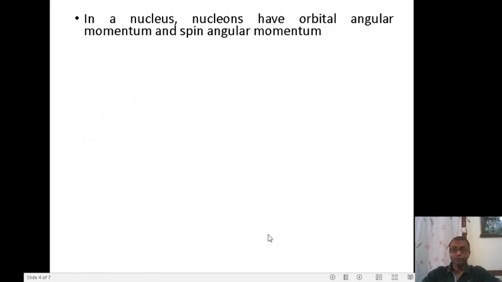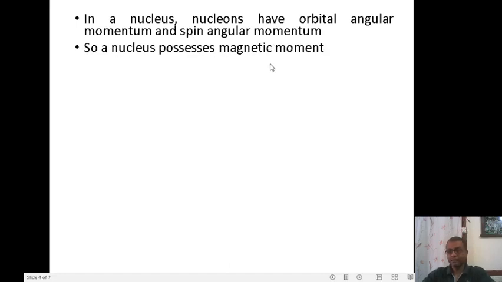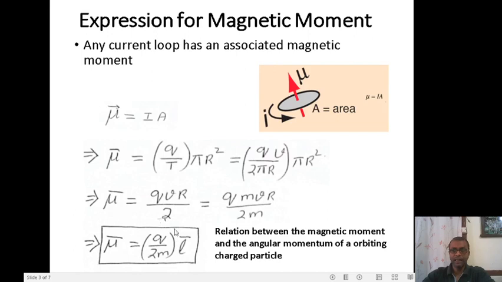Now, in a nucleus, the nucleons have orbital angular momentum and spin angular momentum. This we have already discussed. The protons and the neutrons have orbital angular momentum and spin angular momentum. As we have seen here, any angular momentum associated with a particle with finite charge and mass will have an associated magnetic moment.